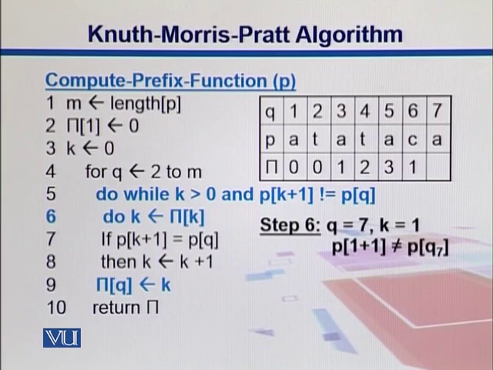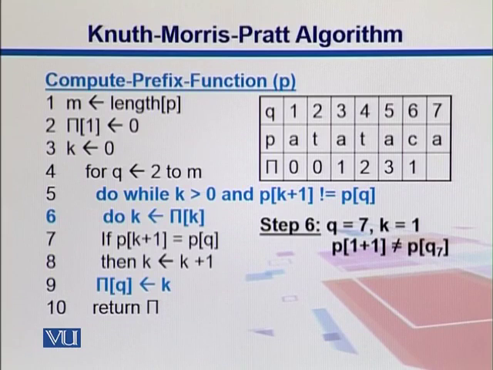So step 6, now our Q increments to 7. K in the previous step was 1. So now we are comparing the second element here, P of 1 plus 1, which in the algorithm was K plus 1. Was that equal or not equal? So P at position number 2, which was T, is it equal to the value at position number 7, that is A?